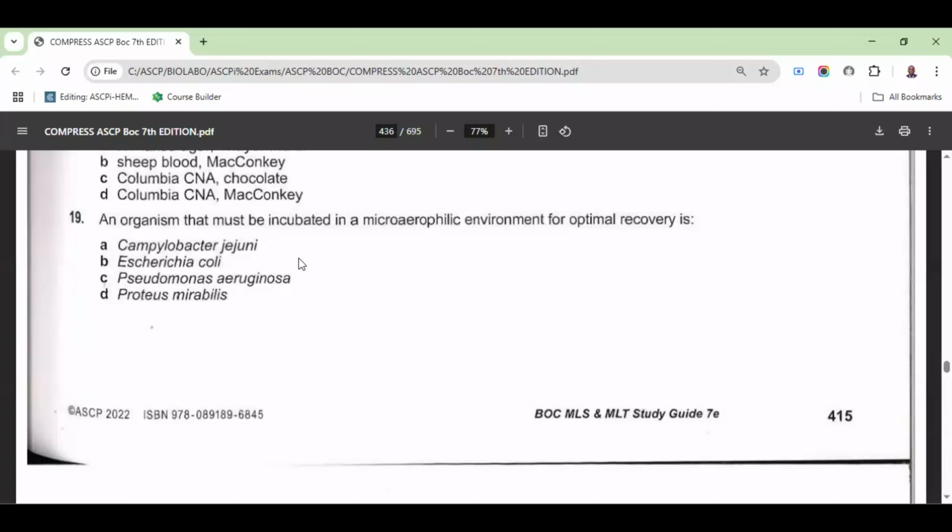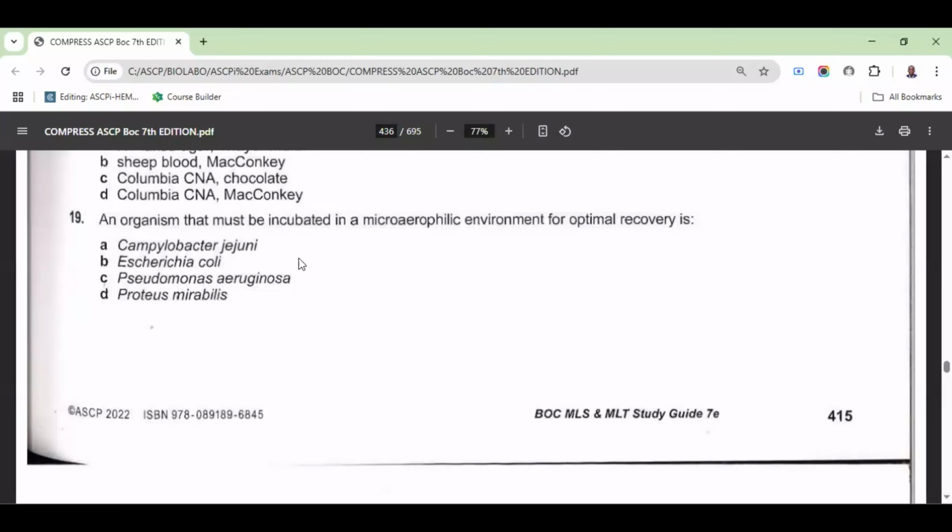Most fastidious organisms are microaerophilic, including those that require CO2 and a small amount of oxygen. For example, Neisseria gonorrhoeae and Haemophilus influenzae.